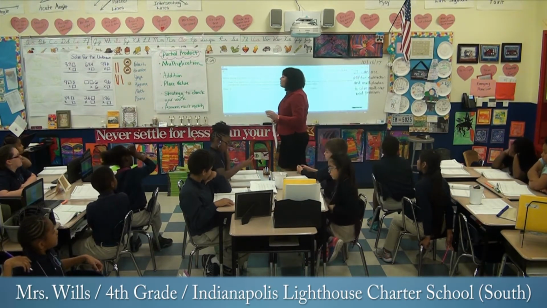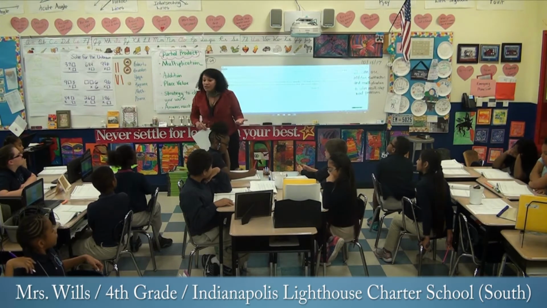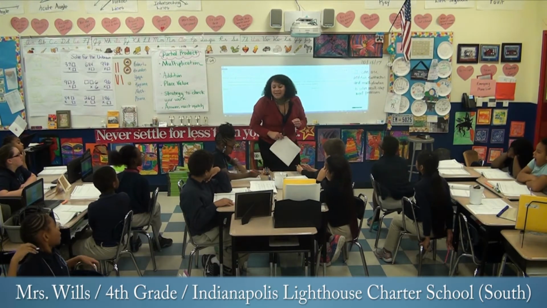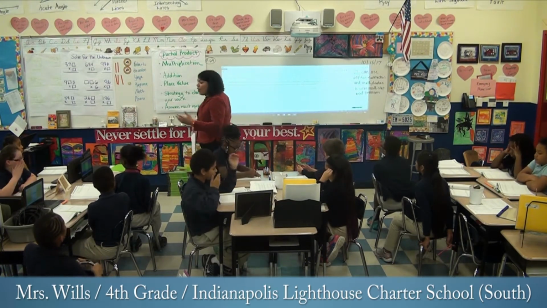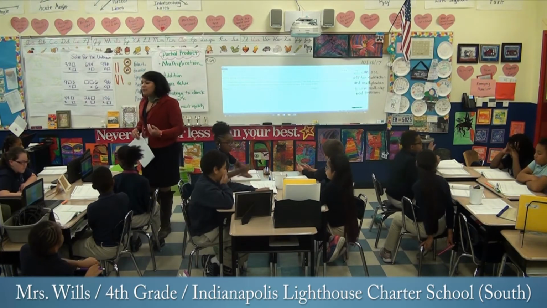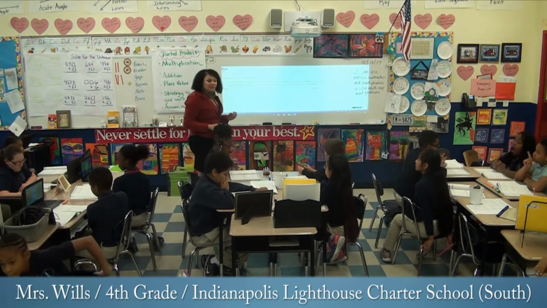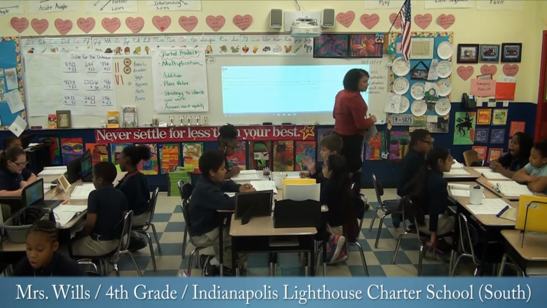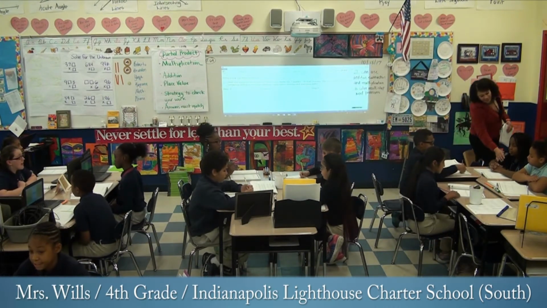We have to break it down, but we have to look to see what information we're going to use. So in your group, take about 30 seconds to talk about what am I going to circle, what am I going to put a box around, what is going to help me solve this problem.